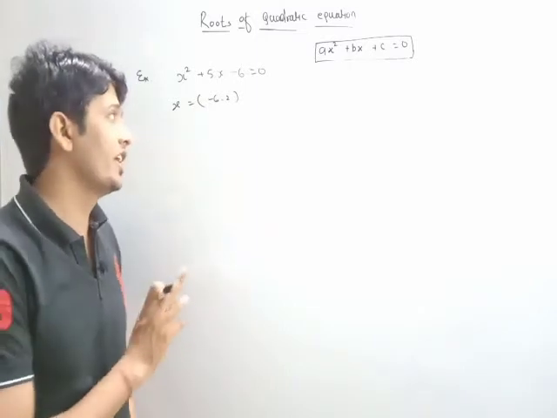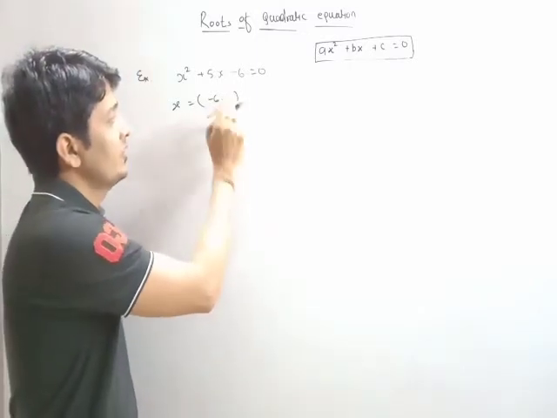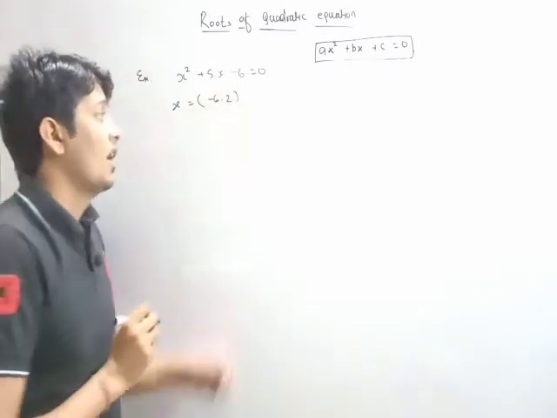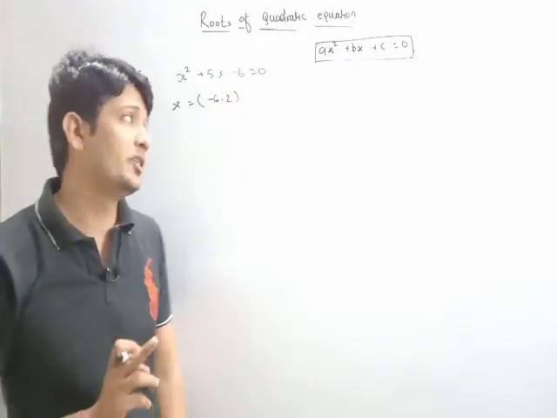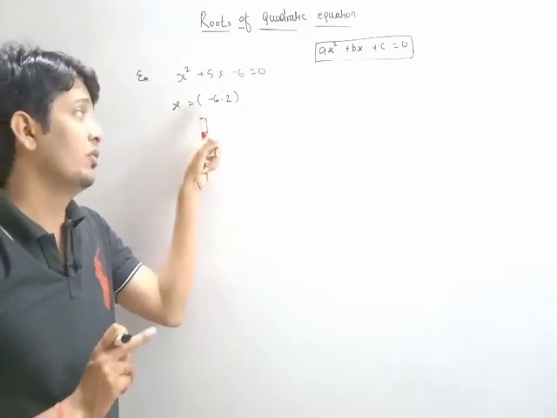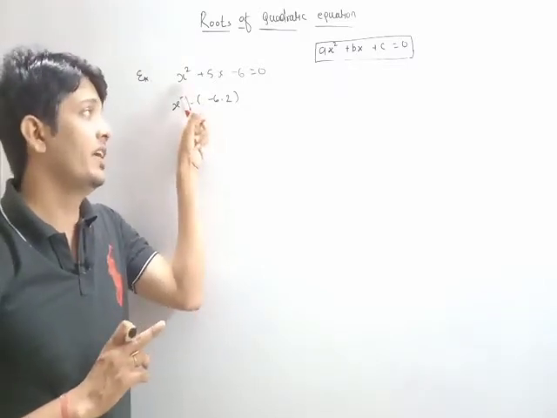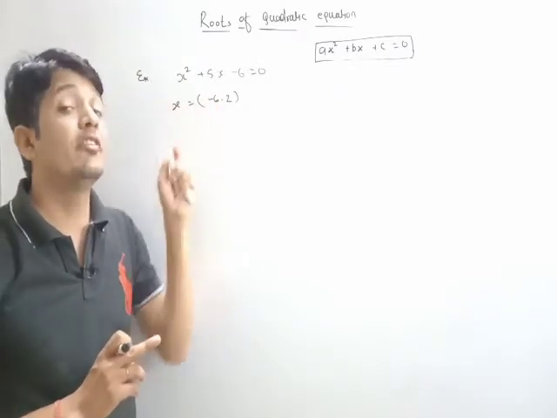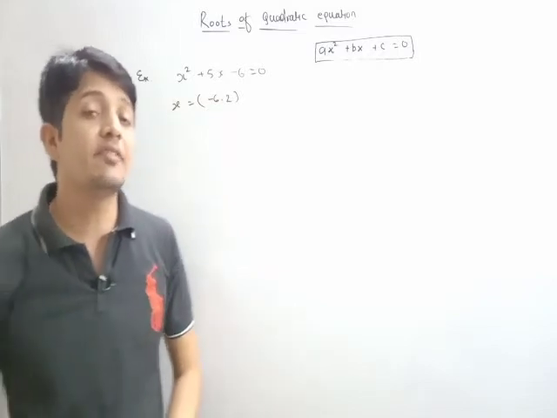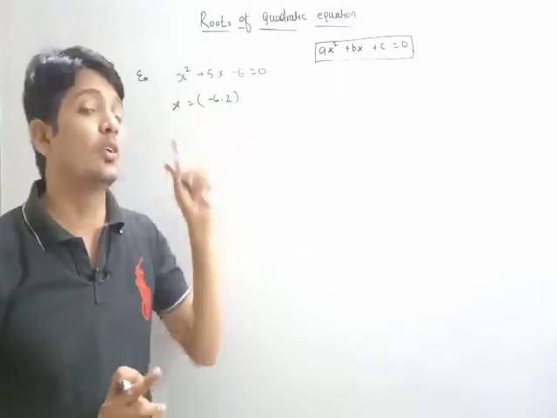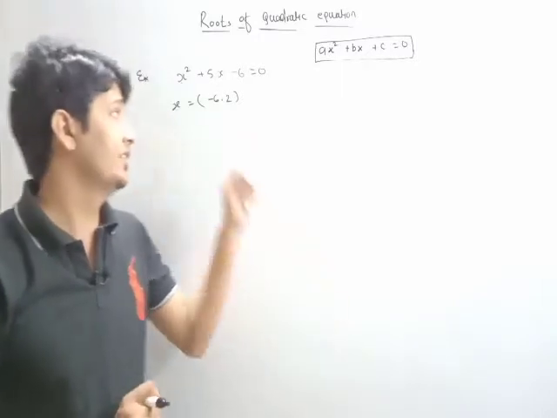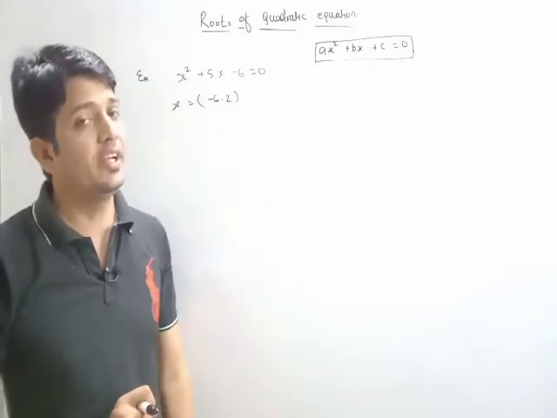We have to check whether minus 6 and 2 are roots of the quadratic equation or not. That means we put minus 6 here and then 2, and solve. If we get 0, then these are roots of the quadratic equation.